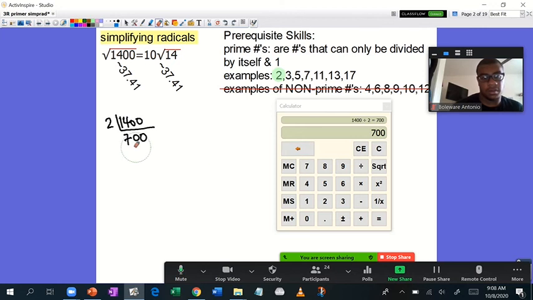What's a prime number that can go into 700? You can use 2 again. That's fine. You can use 7. You can use 5. Let's go ahead and use 7. So 7 goes into 700 100 times.